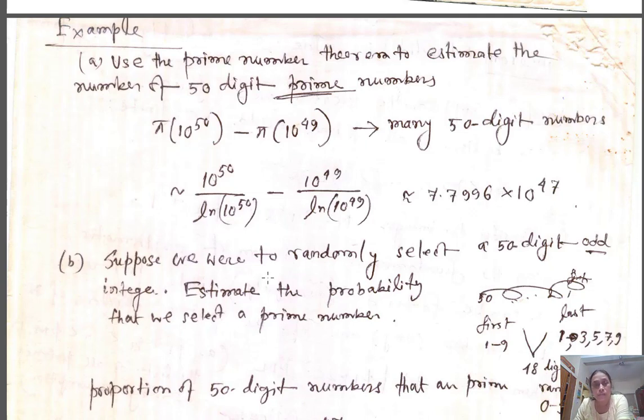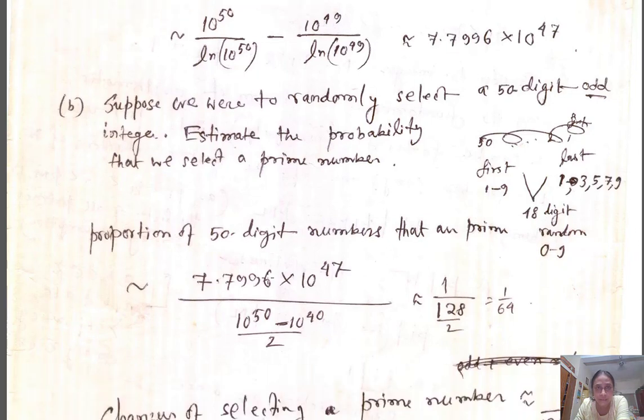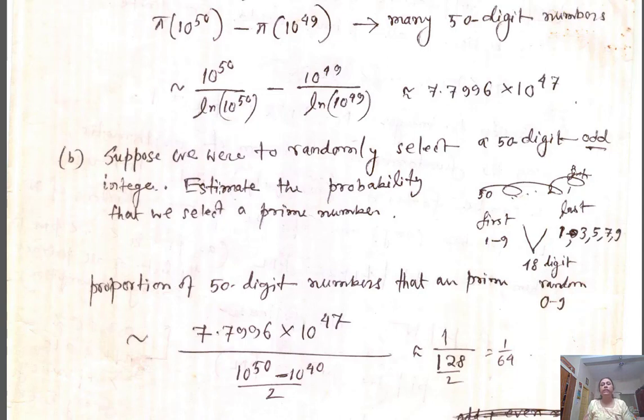I have another problem also. Suppose we randomly select a 50-digit odd integer. What is the probability that it is a prime number?